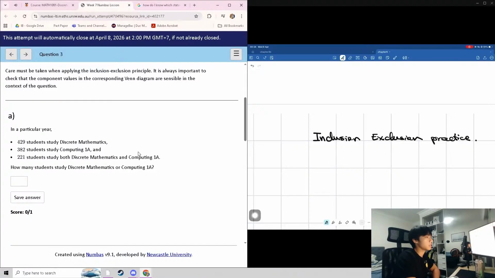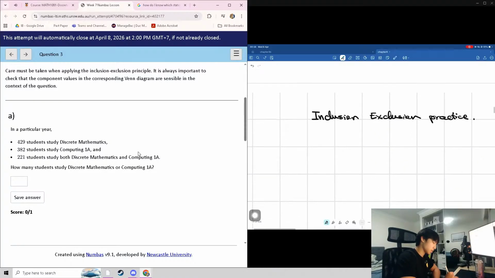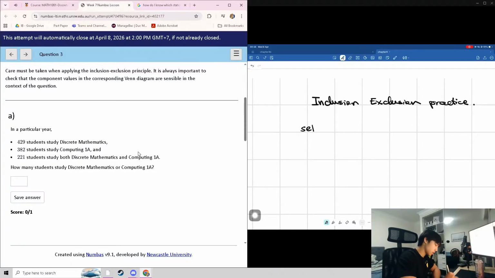429 students study discrete mathematics, 382 study computing, and 221 study both discrete and computing. So this is something with 2 sets, right?